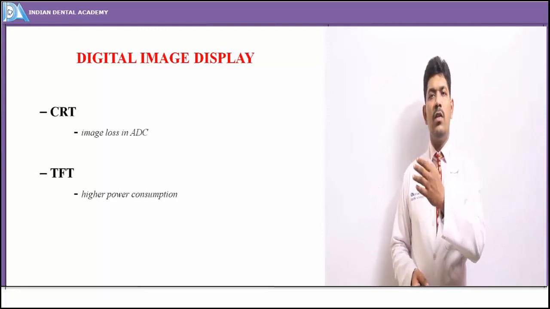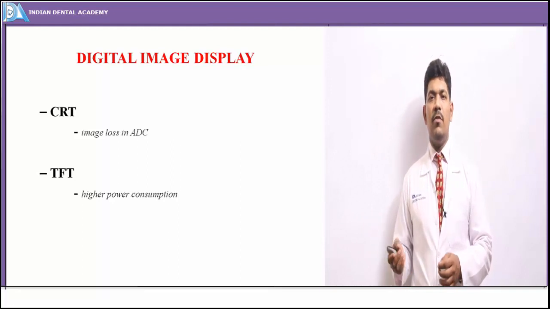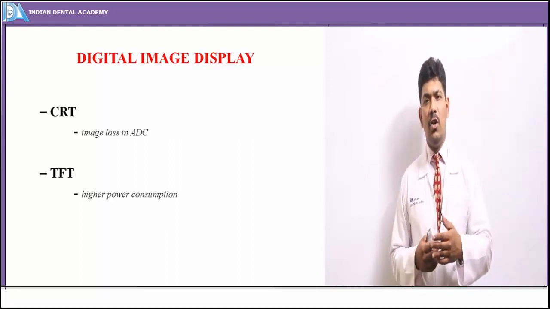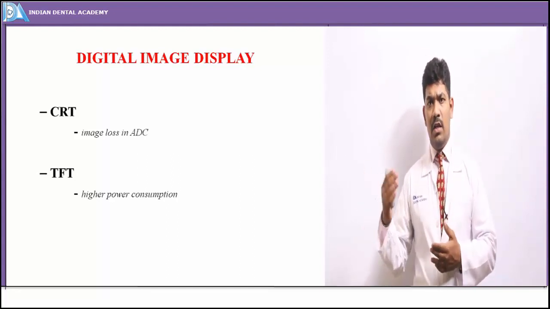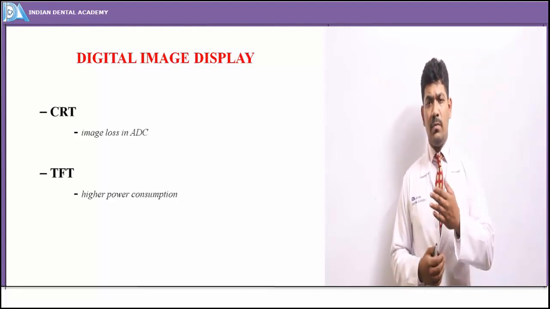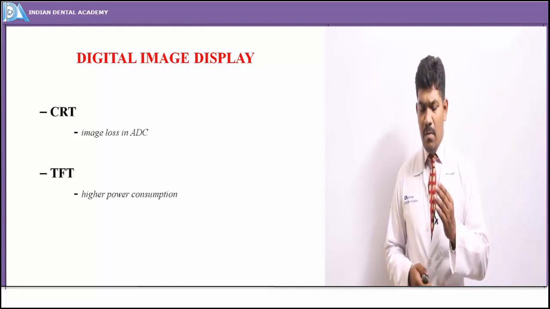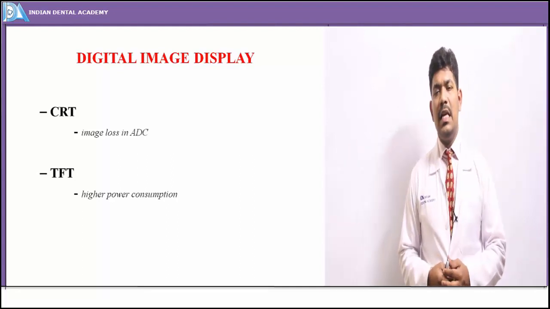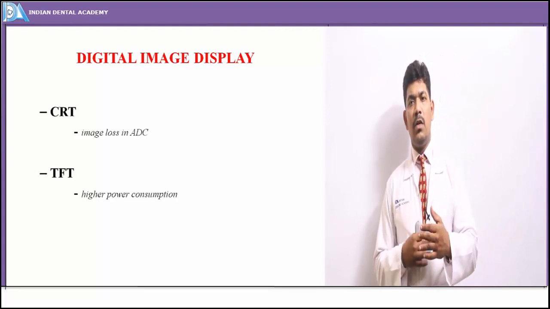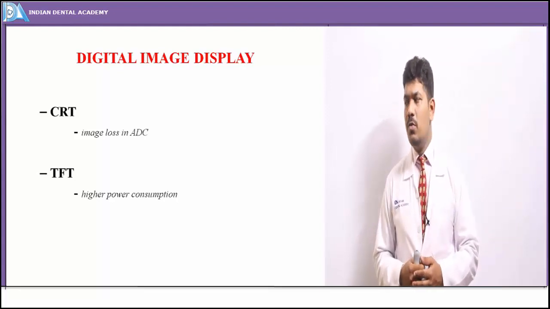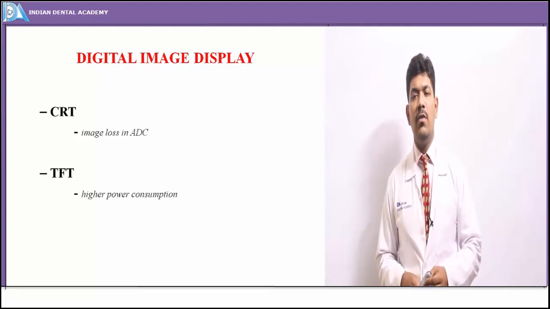Your more conventional kind, that is your CRTs or cathode ray tubes, which you can normally see in your old time TVs or desktops, which is a mechanism which uses this ADC conversion. The main problem with CRTs is the space occupying. It is much bulkier, not very easy to use. Now there is also image loss while this analog to digital conversion takes place.